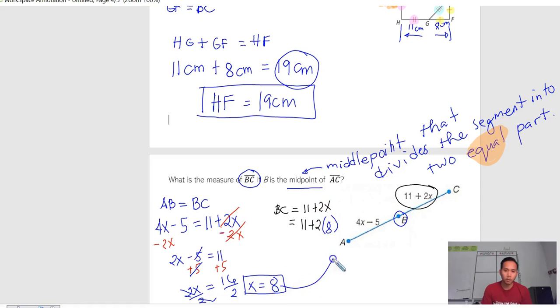It's here. Okay. And then we can now say that BC is equal to 11 plus 8 times 2, which is 16. So BC is equal to 27. So the final answer here is BC is equal to 27. All right, next example.